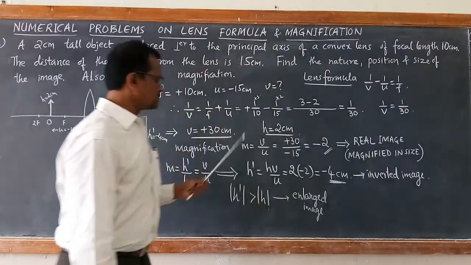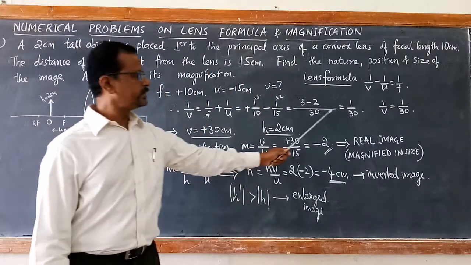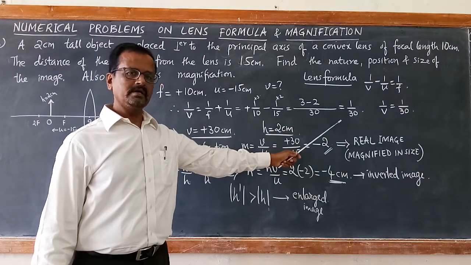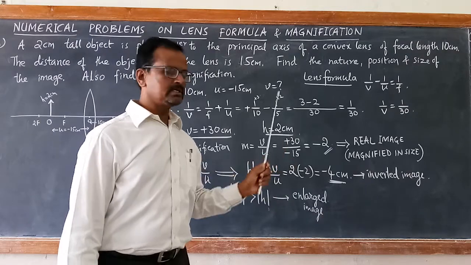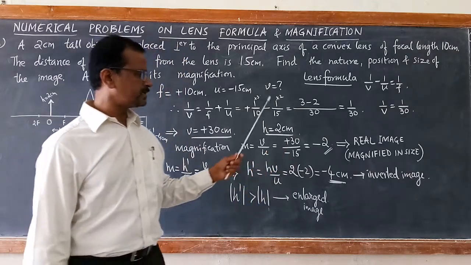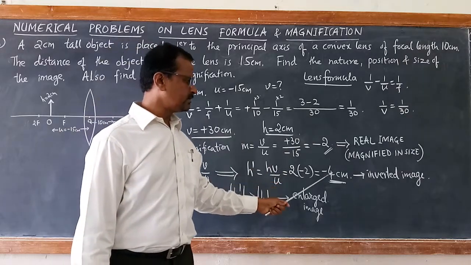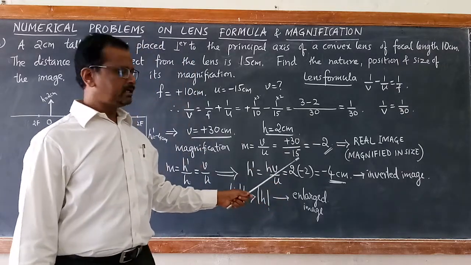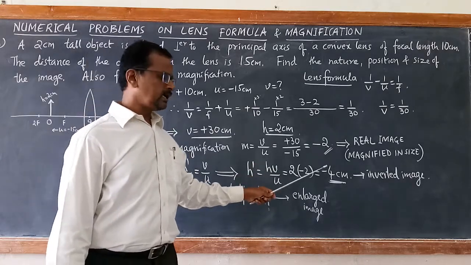So by such calculations we definitely come to know not only the position of our image, we will also find out the magnification. With the sign of the magnification we will come to know whether it is a real image or a virtual image. And if the value of h dash is greater than the value of h, then it is enlarged.